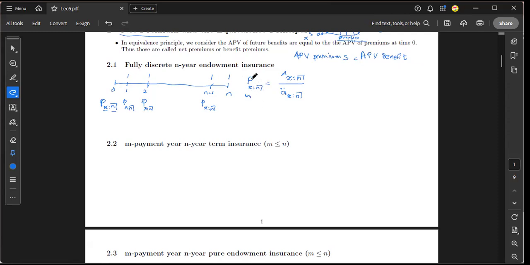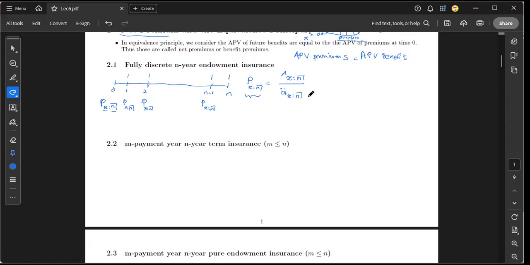So this is a notation. It says the premium of a fully discrete n-year endowment insurance purchased at the age of x. To calculate that, we take the ratio of the benefit present value and the premium present value, which is the annuity due of n-year temporary life.